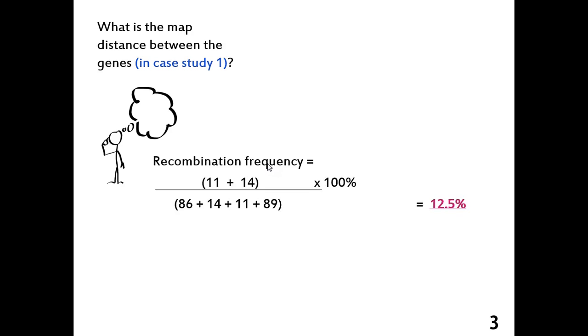Right, if you refer to case study 1, the number of recombinants in total will be 11 plus 14, divided by the total number of offspring, multiplied by 100%. You should get 12.5% crossover frequency. That indicates that these 2 genes in case study 1 are 12.5 map units apart on the chromosome.